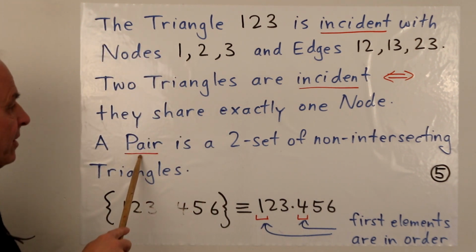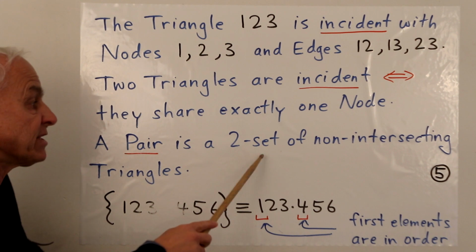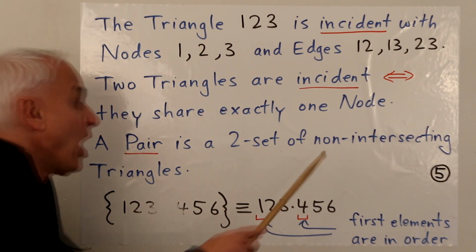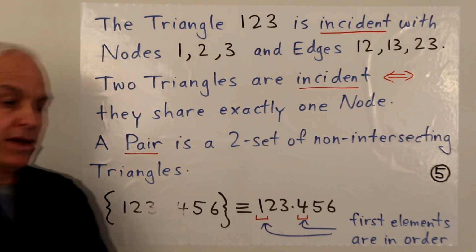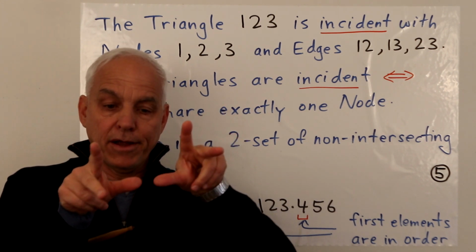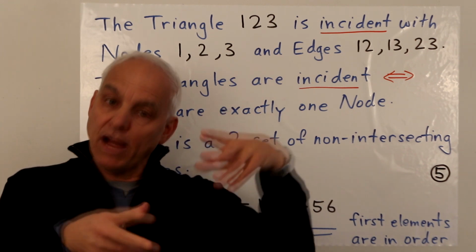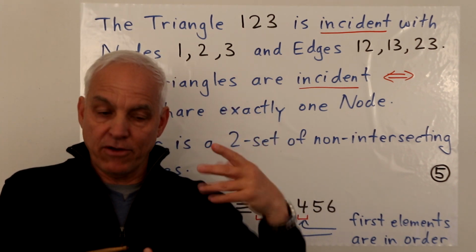And we say that a pair, this is a different notation now, a pair is a 2-set of non-intersecting triangles. In other words, triangles which don't overlap at all, which share not just 1 node or even 2 nodes. They're completely disjoint, like the 2 triangles that I showed you in that diagram.